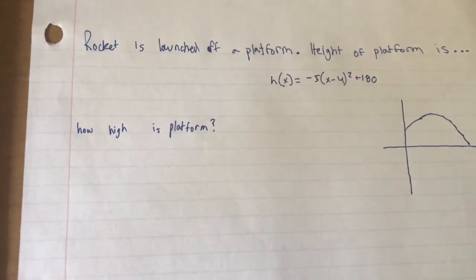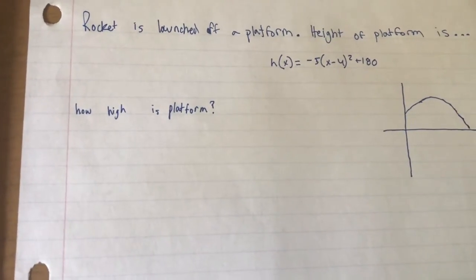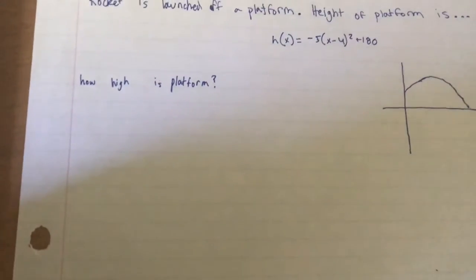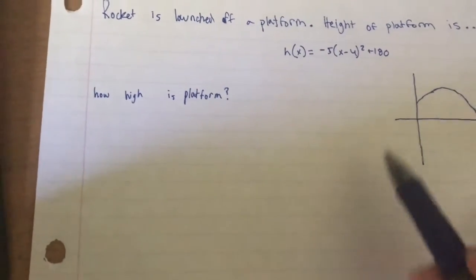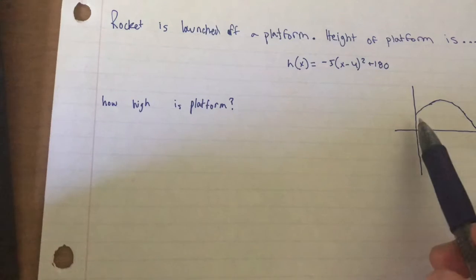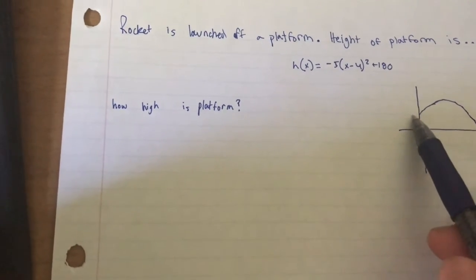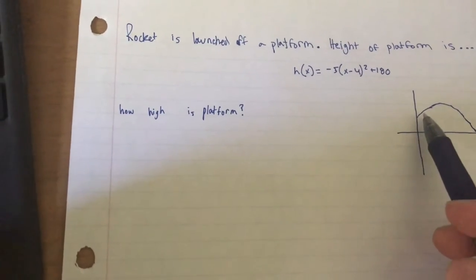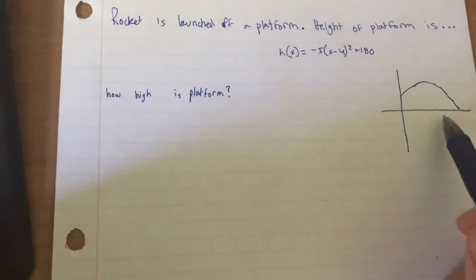So the first question we are trying to answer is how high is the platform? And the launch of the rocket can be shown by this graph. This being the height of the platform it's being launched off of, rising, falling, and landing.